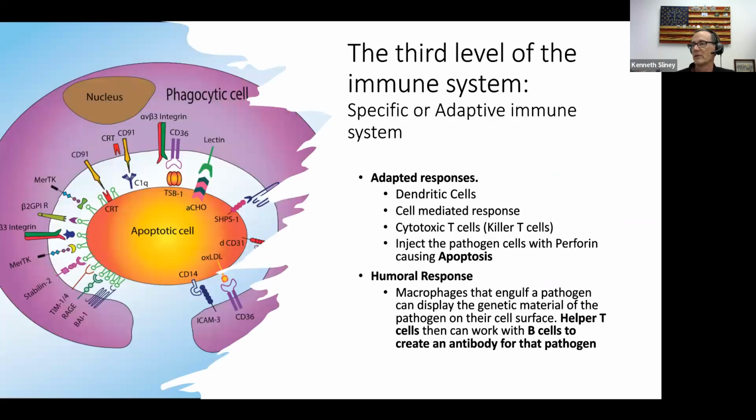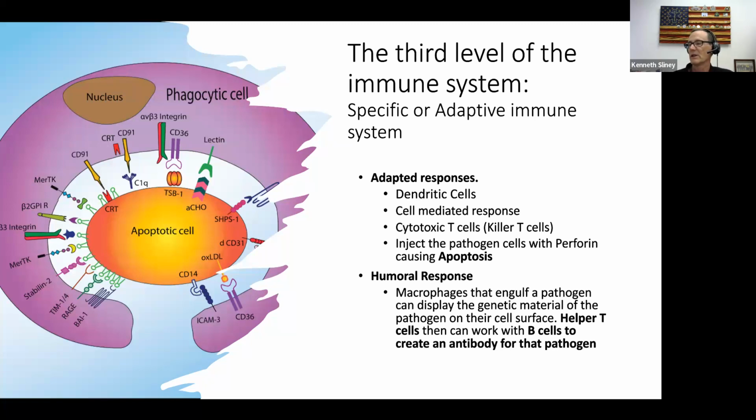The third level is the specific or adaptive immune system, an adapted response. So this begins with what's called dendritic cells.